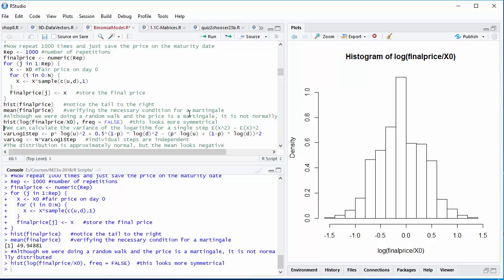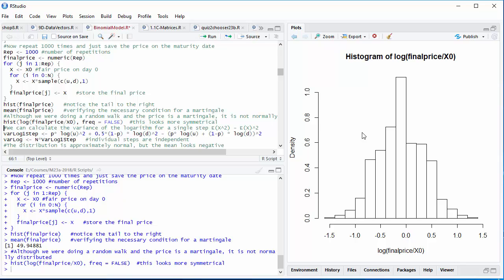Alternatively, I can look at the logarithm of the factor by which the price changed. I take final price divided by the initial price x0, form its logarithm, and freq equals false displays something that looks like a probability density rather than the actual number of occurrences. And then this one looks closer to normally distributed.